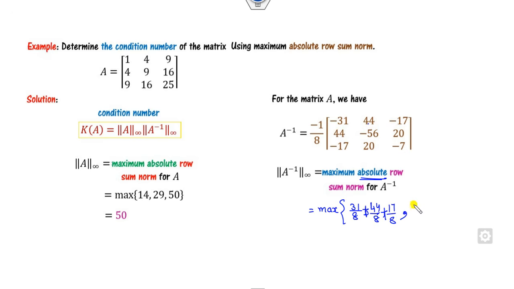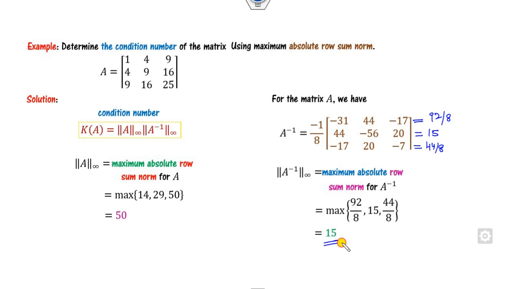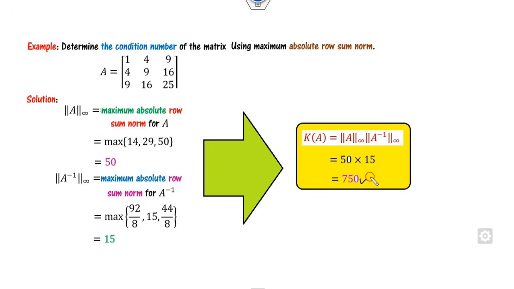Similarly, you take the second row, 44 by 8 plus 56 by 8, and so on. If you take the sum of the first row, it is 92 by 8. If you take the sum of the second, it's 115 by 8. Then the maximum value will be 50. Substitute both values here and you will get this number.